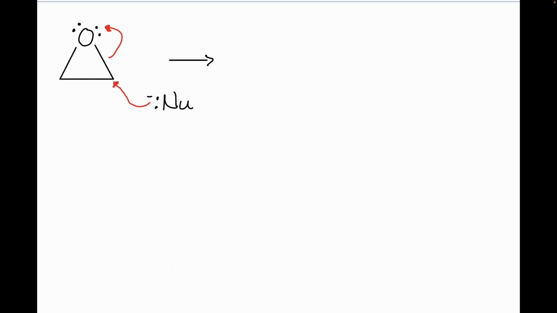So everybody take a second and draw my next step in this reaction, given these electron pushing arrows.